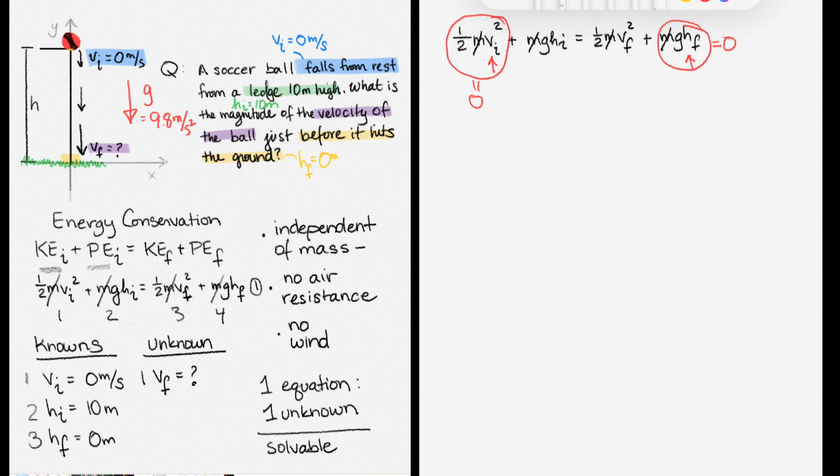I'm going to rewrite these as g h sub i equals 1/2 v sub f squared. So right now, we see that this is our unknown, and this here is a known. And the 1/2 and the g are constants.